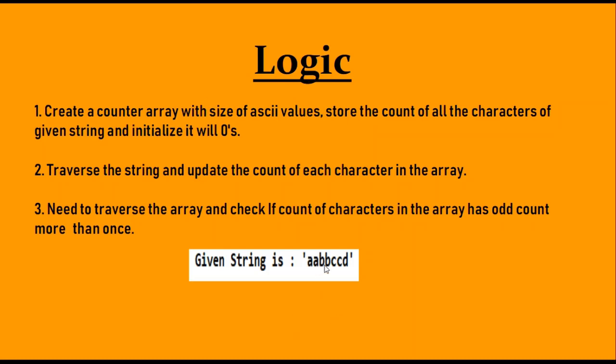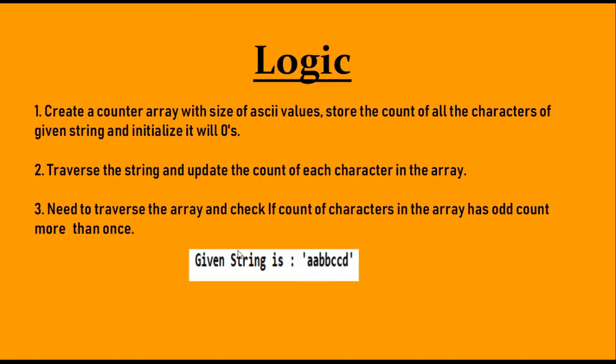Suppose we have this string. We would be traversing through the string and updating the count of each character in this counter array. Hope you have got this point, right? Simply, we are taking a counter array of size ASCII values, that is 255 or 256, and storing the count of each character in this counter array by traversing the given string.